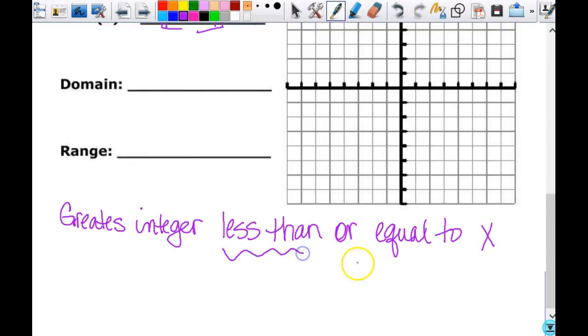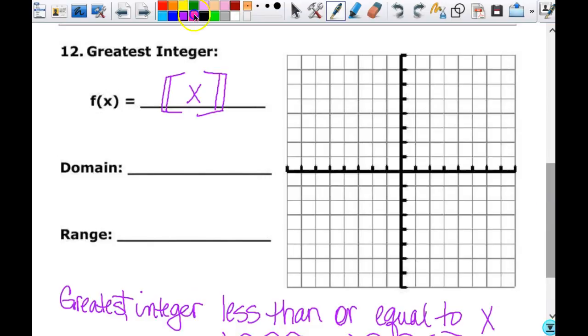Less than or equal to. It's the integer to the left. Okay, so it's the greatest integer less than or equal to x. Everybody okay with that? All right, so let's go back up here. Another name for the greatest integer function is a step function.